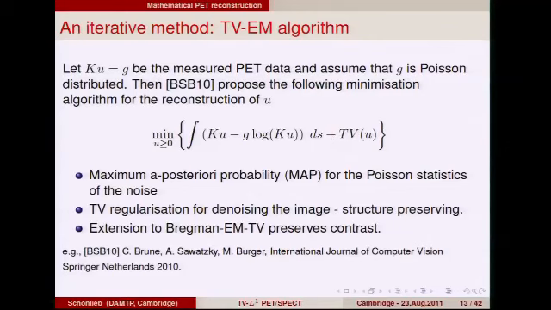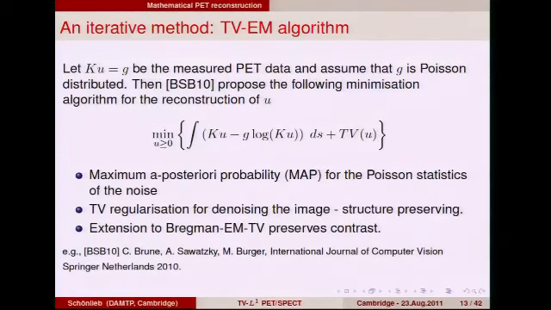There are also regularized versions of this approach, for example the TVEM algorithm, where additionally to assuming that your data has a certain distribution, the Poisson distribution, you also impose a penalization that forces your image to have a certain regularity. What turned out to be a reasonable assumption for images is, as we have also heard in Projean's talk yesterday, that they have a small total variation.